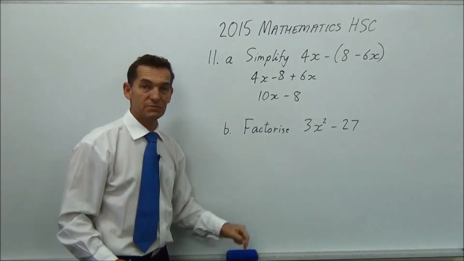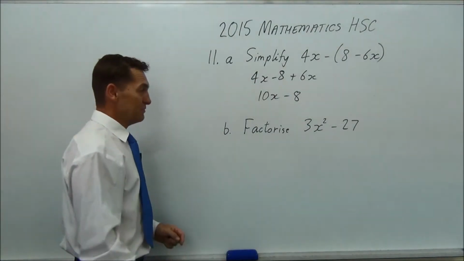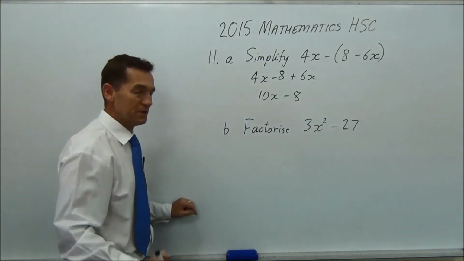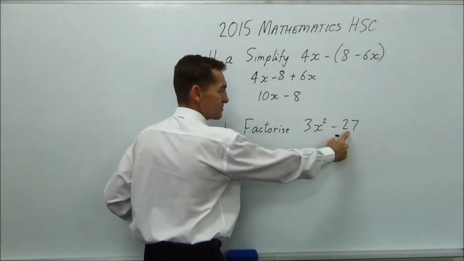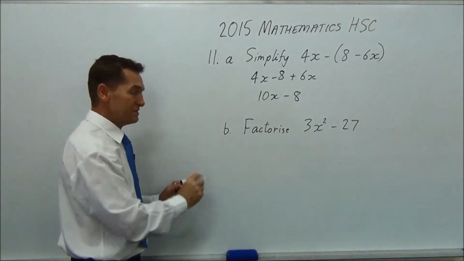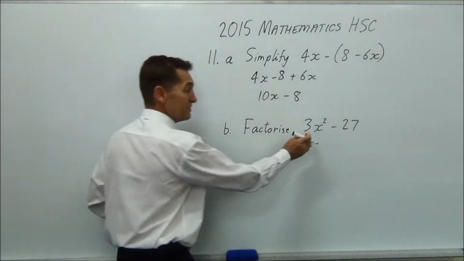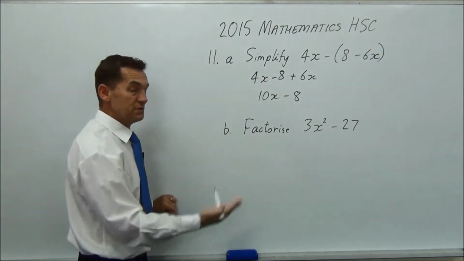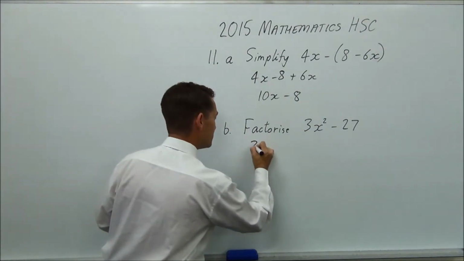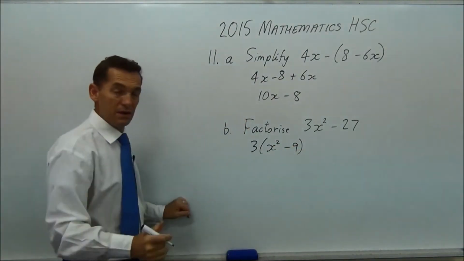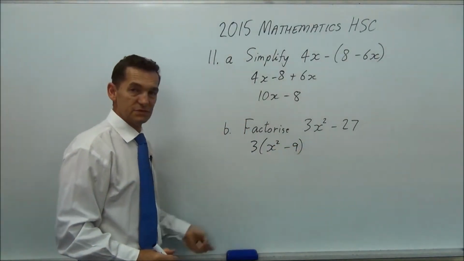Factorise 3x squared minus 27. Just be careful when you're looking at this that you don't misconstrue that for a cubic, because you've got three cubes there. So you might accidentally start expanding it into the cubic expansion. But there's only one thing that goes into both of those, and that's 3. So let's take that out to start with. Now what you've got in here is the difference of two squares.